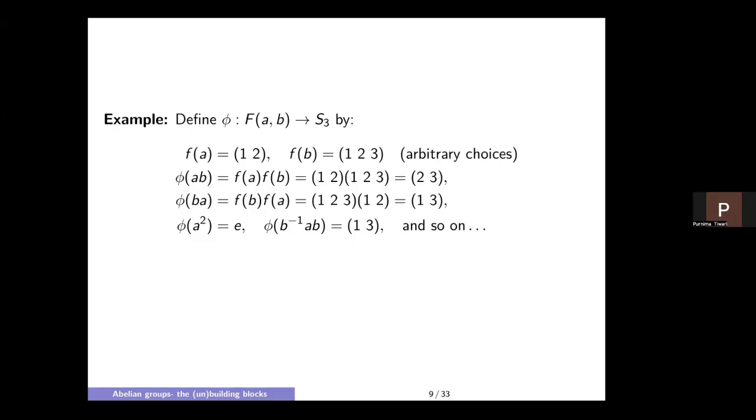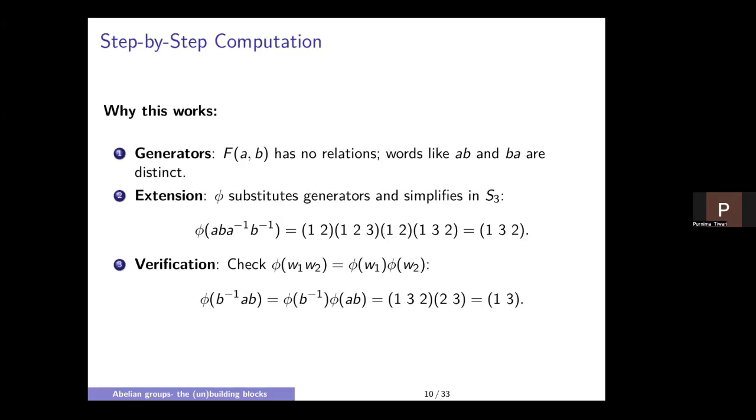So phi, the map we have defined, of AB will be f A, f B. How does that work? We know that the homomorphism follows the rule that phi of AB will be phi of A and phi of B. So when we work out these calculations, we can define different homomorphisms which are unique to the structure of the group in a similar format.